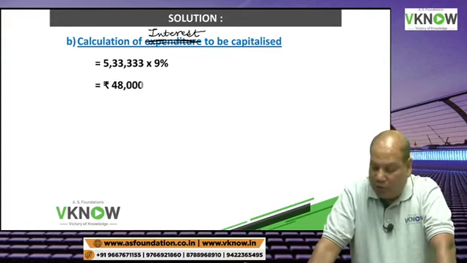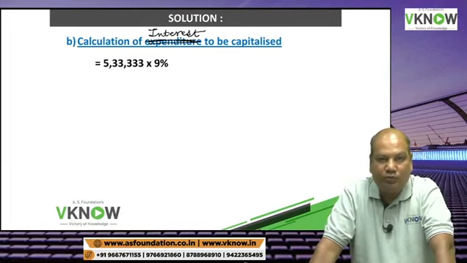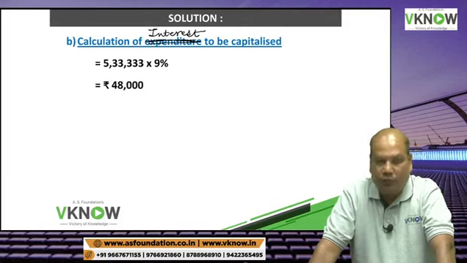Average expenditure into 9%. Multiply 9% of 533,333. This is equal to 48,000.